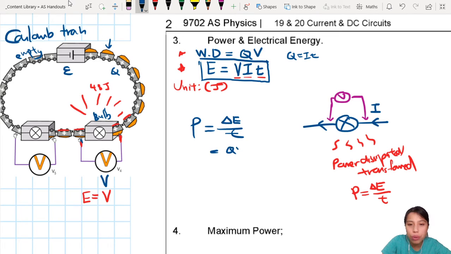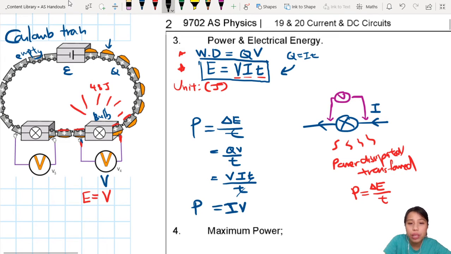That is our QV over T. Okay, and QV, we know over here already, we can plug in Q equals IT, and that will give us V IT over T. T and T can cancel, so T and T is gone. So all that's left is V and I, which I write IV. And that is where you get your P equals IV from.